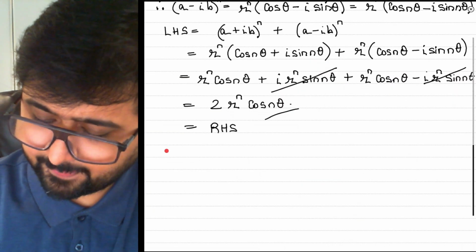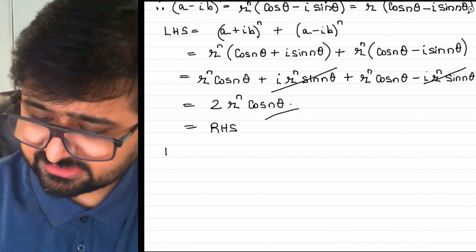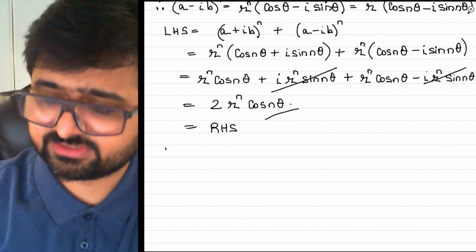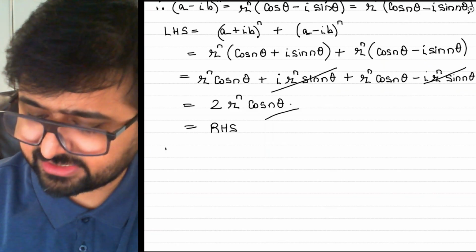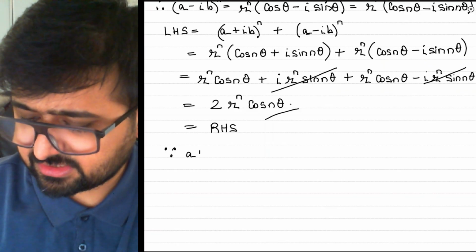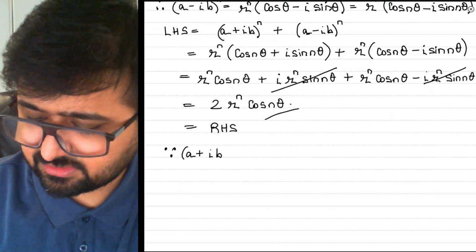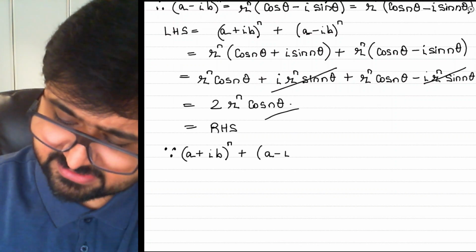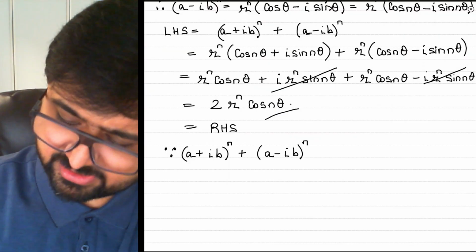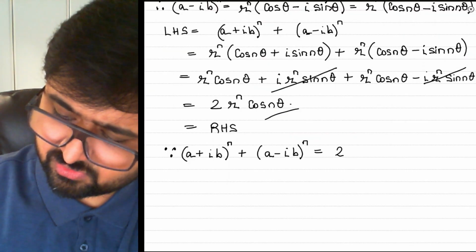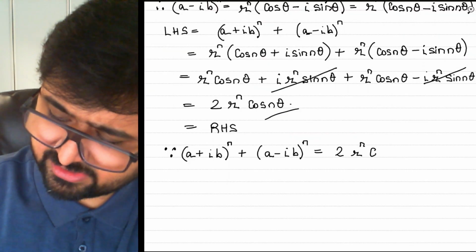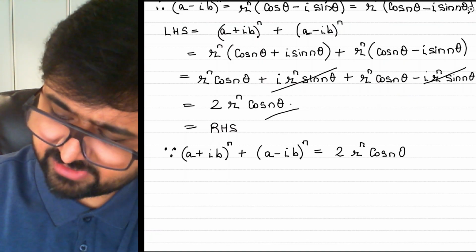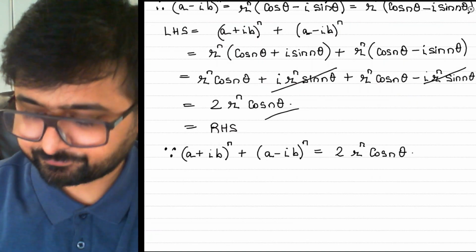So we'll start with the statement we have already proved: (a + ib)^n + (a - ib)^n is 2r^n cos n theta. We have already proved this, right?